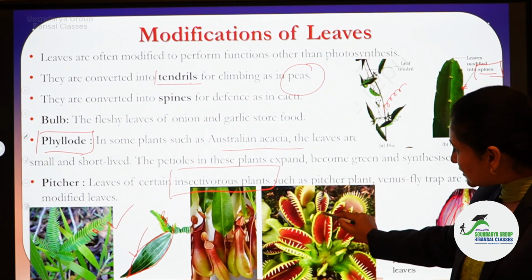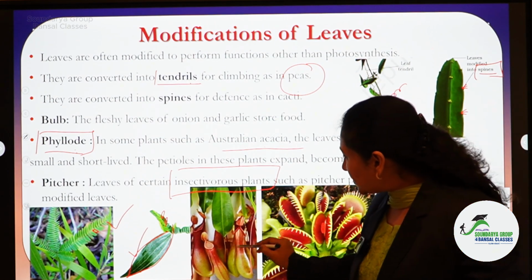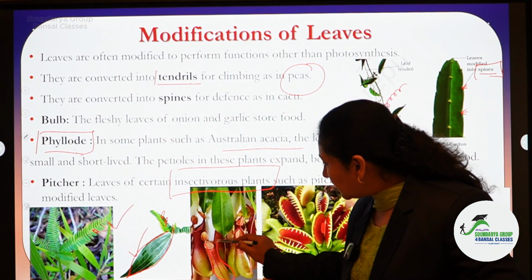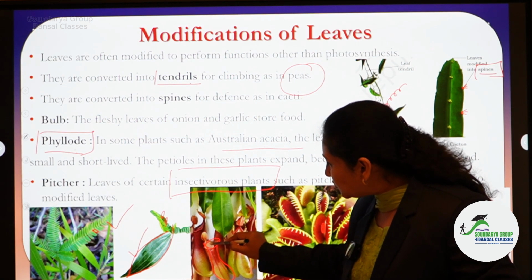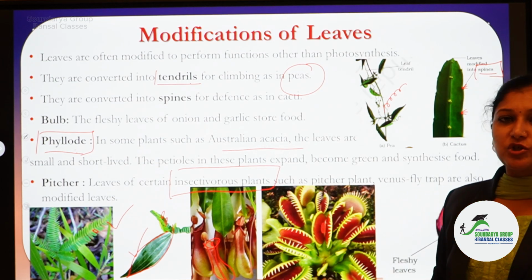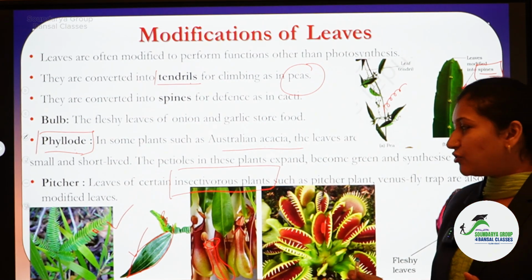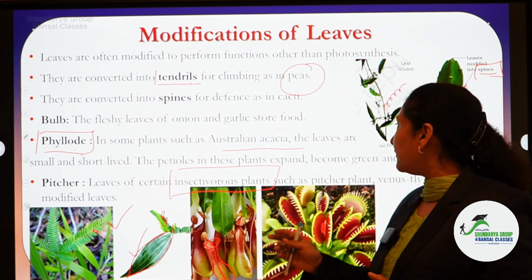And in the case of pitcher, it is a jug-type arrangement where the insect will sit here and it will be dragged down into the pitcher. So this type of arrangement, pitcher as well as Venus flytrap, is from leaf modification.